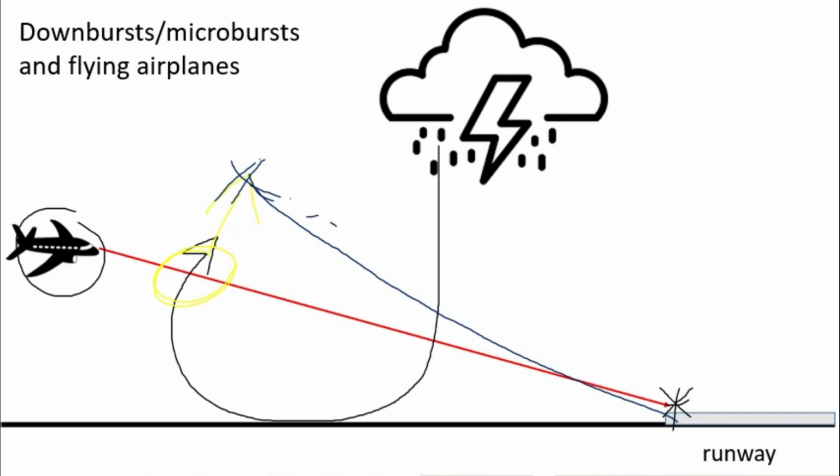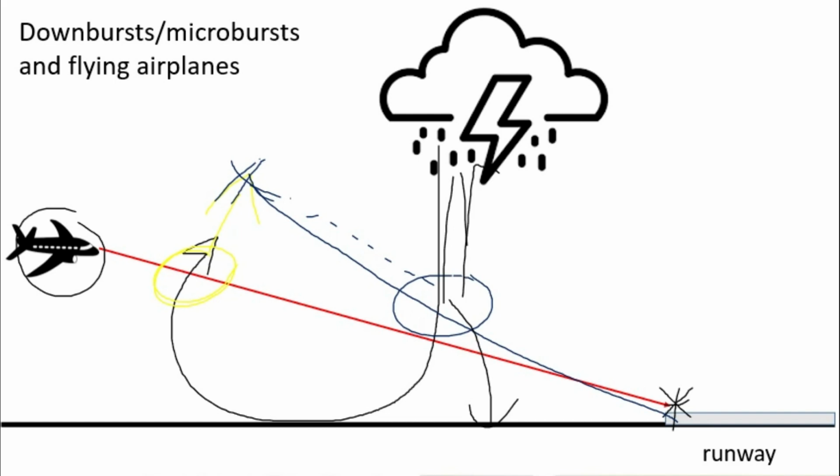But then a few seconds later, he gets to this spot here. Remember, he's got the plane pointed down, and now he's right in the downburst. He's right in that downburst, and that pushes on the top of the plane and causes it to go straight into the ground. And it's hard to recover from because the plane was already aimed down.